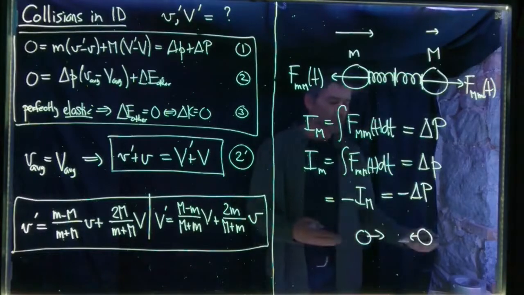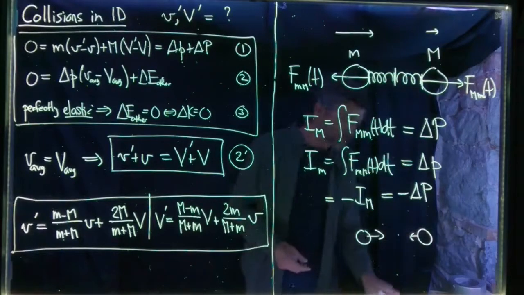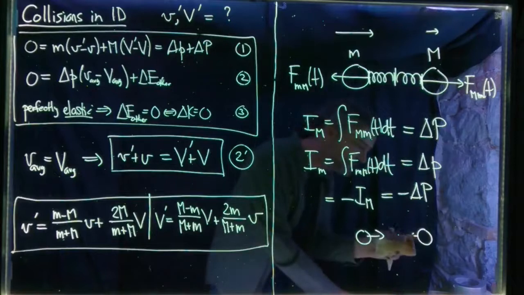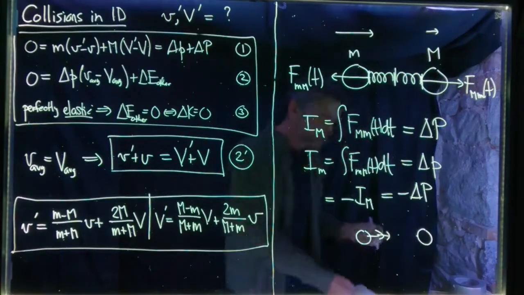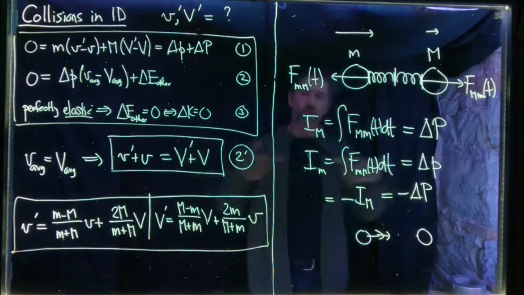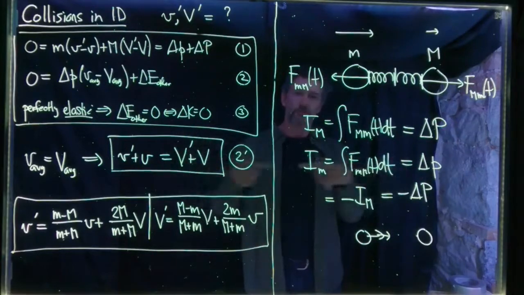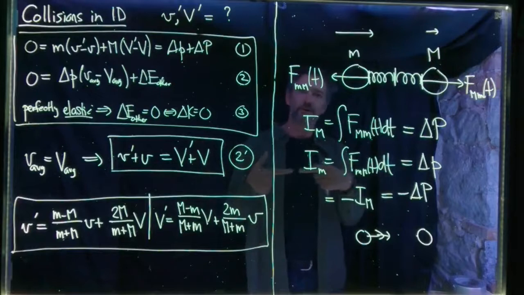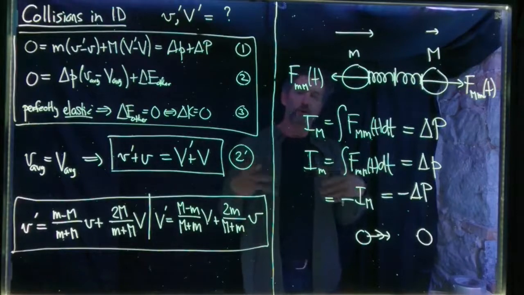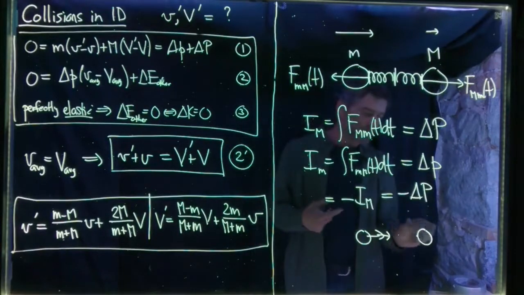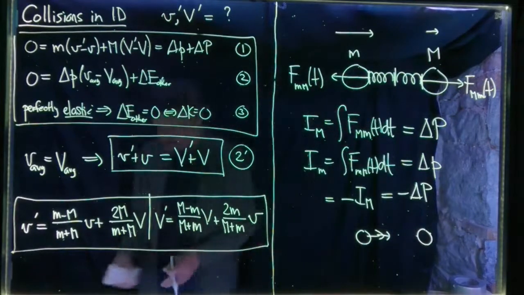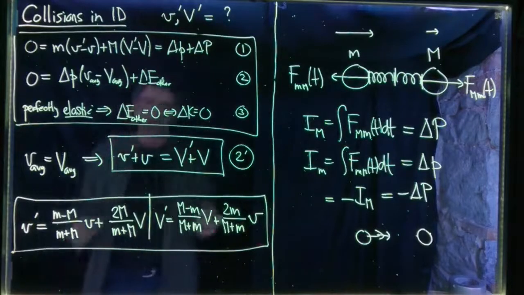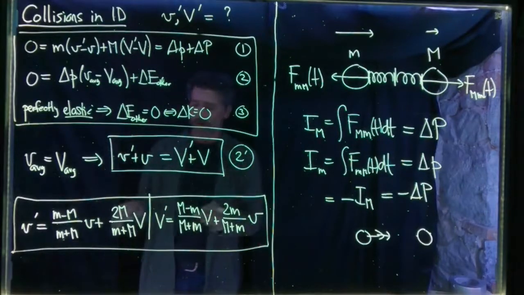So you can always change your frame of reference so that this guy is at rest and this guy is moving a little faster. And so you can always replace any general initial pair of velocities, one-dimensional collision with a collision in which one of the objects is at rest and the other object is moving toward the first object.